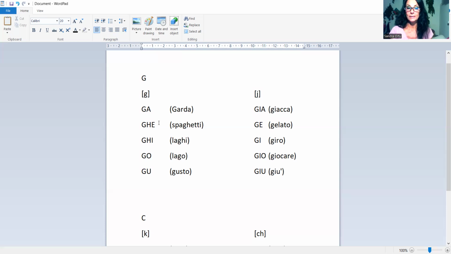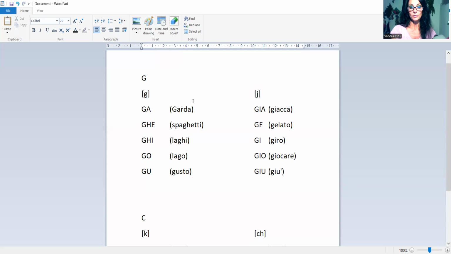For example, we use the word hotel, but in Italian it is pronounced otel without the H. It is silent. So the H is used to make certain sounds instead, in a combination of letters, in order to make a specific sound. In this case, the specific sound is the hard G.